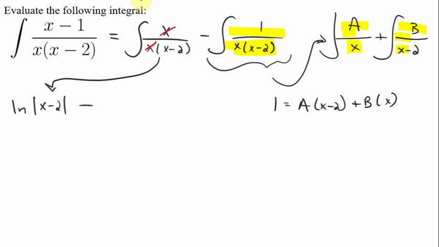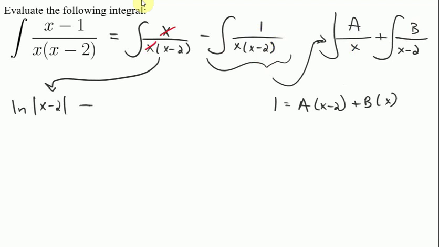So you can see how this x is going to be multiplied over there because the x minus 2 will cancel. This x minus 2 is going to be multiplied over there because the x will cancel. All right.